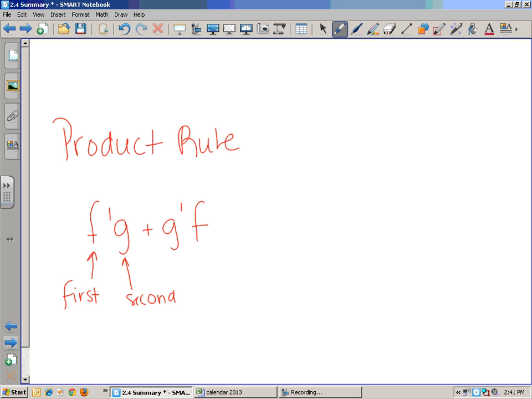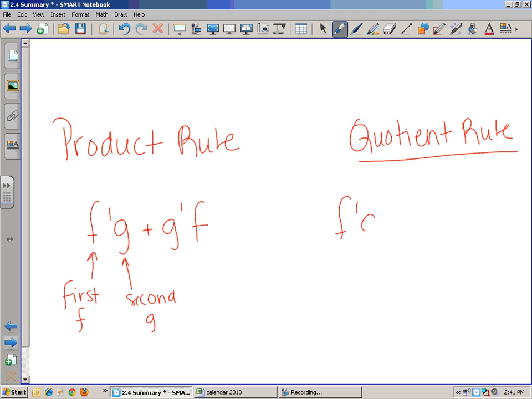Keeping in mind that f is your first and g is your second. For the quotient rule, derivative of the top times the bottom minus derivative of the bottom times the top all over the bottom squared. Okay? Those are the two rules.